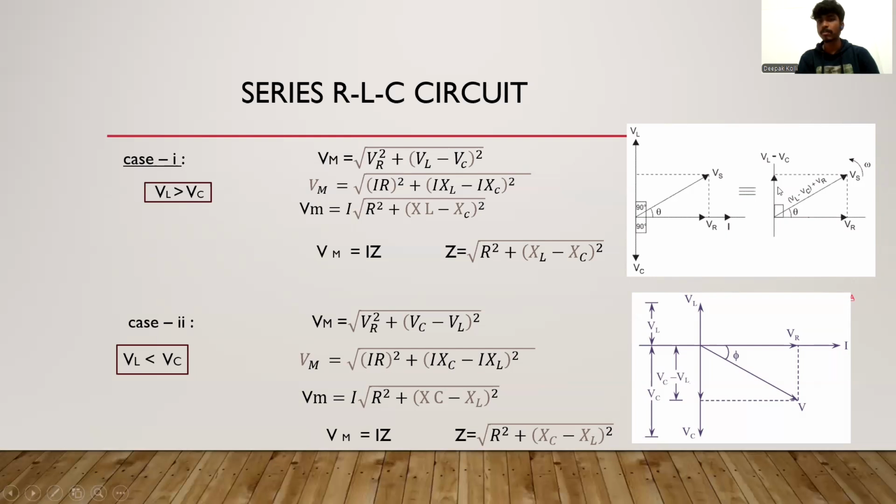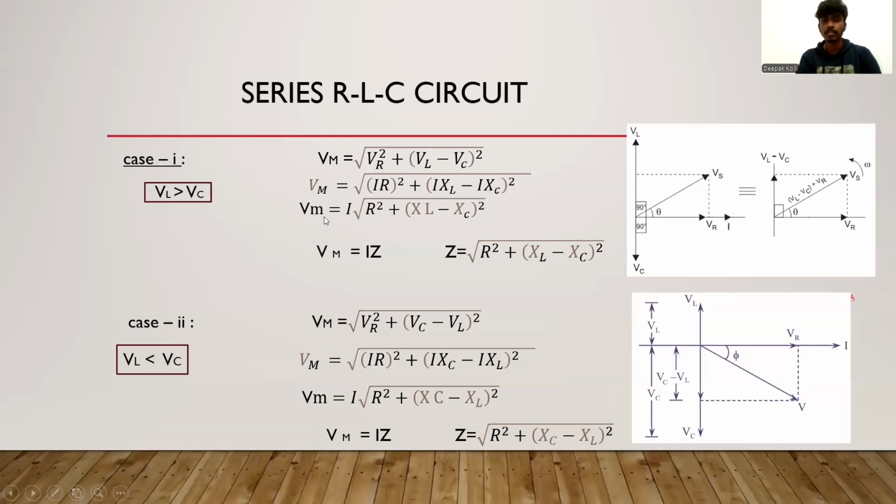Here inductive voltage is greater than capacitive voltage, so we indicate the y-axis as VL minus VC. If capacitive voltage is greater than inductive voltage, we indicate the y-axis as VC minus VL. So the first case is VL greater than VC, so we talk about VL minus VC. Here the resultant voltage will be the square root of VR square plus VL minus VC whole square. We know this by seeing the diagram.